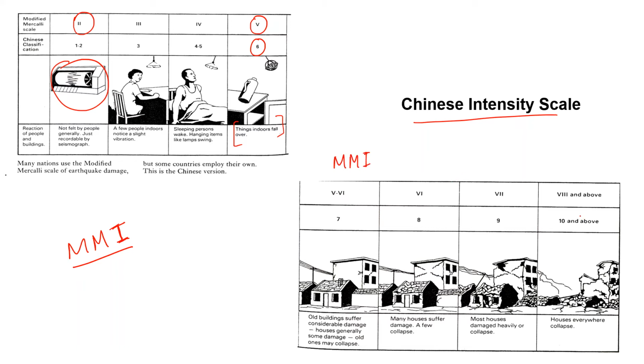Let's directly go to maybe number 8: houses everywhere collapse. Number 9 means most houses damaged heavily or collapsed already. So based on the observation of damage, the MMI can be assigned to a particular observation point, and the corresponding Chinese classification is also given.